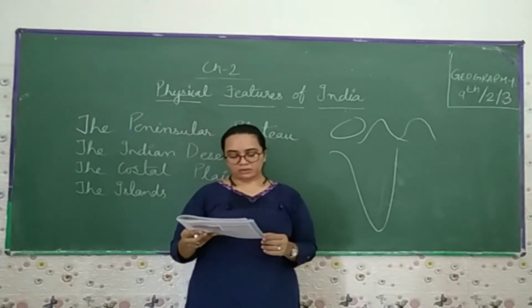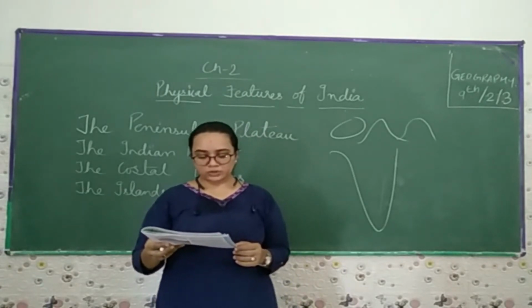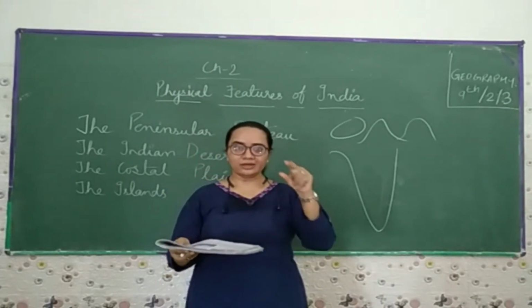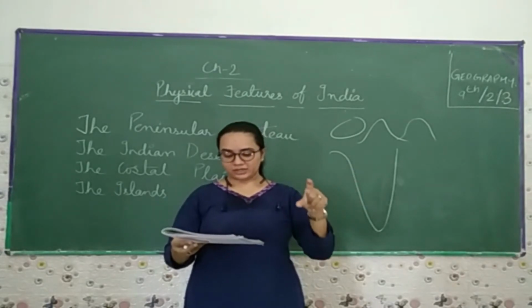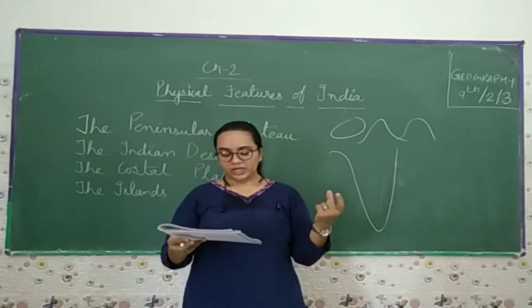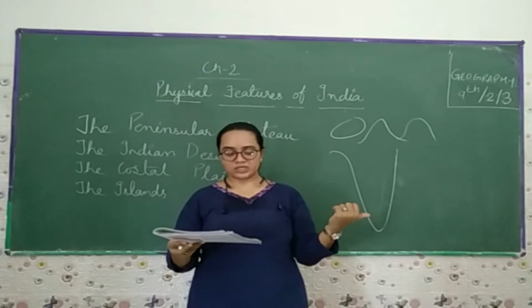The barchans, the crescent-shaped dunes, cover a large area, but longitudinal dunes become more prominent near the Indo-Pakistan border. If you visit Jaisalmer, you will see these.